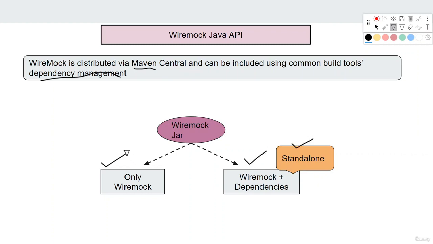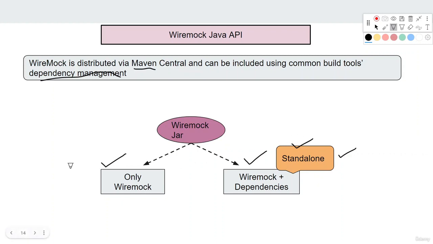The main difference between these two is that this is a runnable jar. So we have already tried using this standalone jar where we recorded one of the transactions, how Wiremock helps in record and playback. We have used the record and playback feature, right? So that one was the standalone jar.